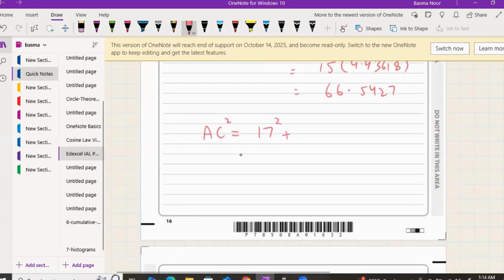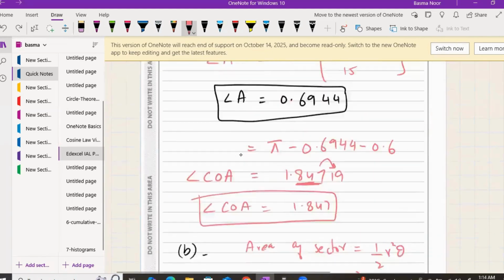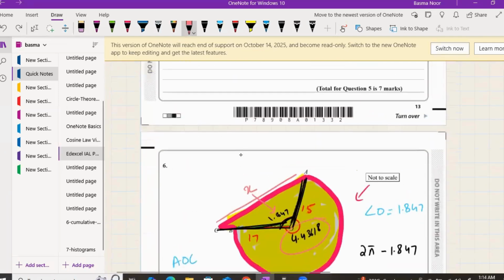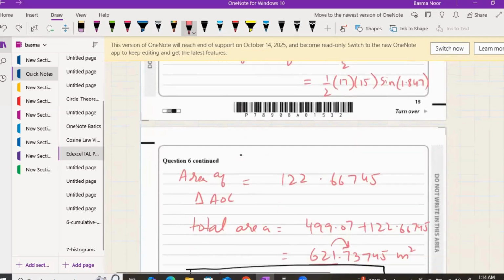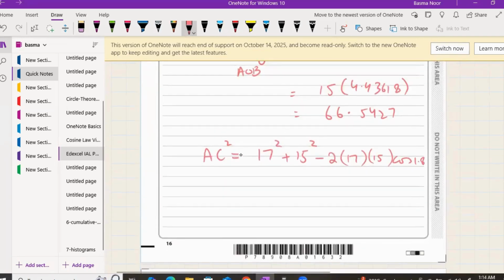So 17 squared plus 15 squared minus 2 times the same lengths, 17 and 15, and the cosine of the angle opposite to the side you are using on the left hand side, which is the angle opposite AC, 1.847. You do not exceed this boundary. I'm writing a little bit bigger, so I'll try to write small now.